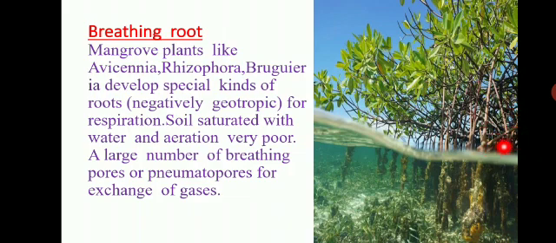The main function of the pneumatophore is exchange of gases. Due to the breathing nature of the root, they easily exchange the gases for sustaining the plant. These are the small classifications present in root modification.